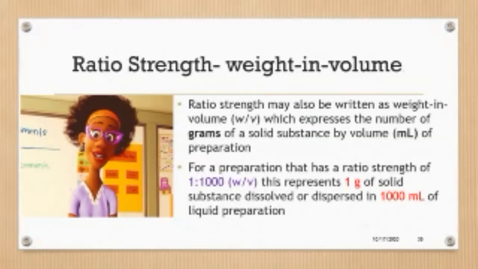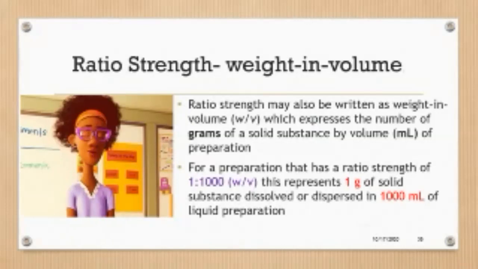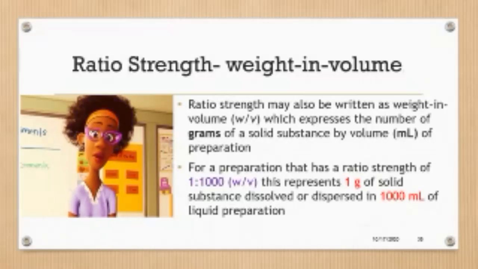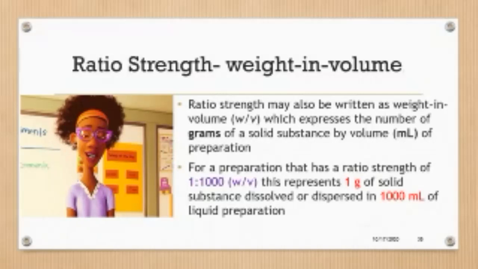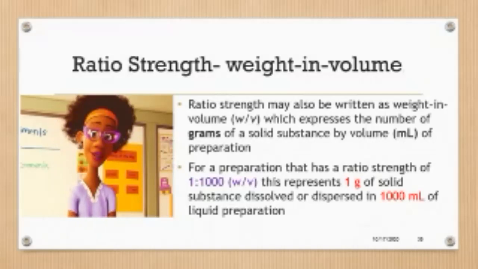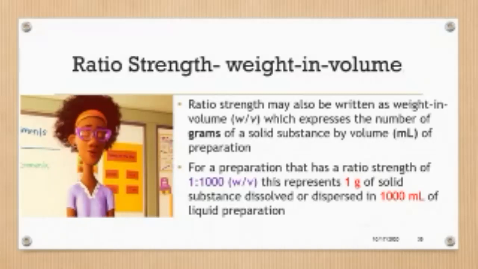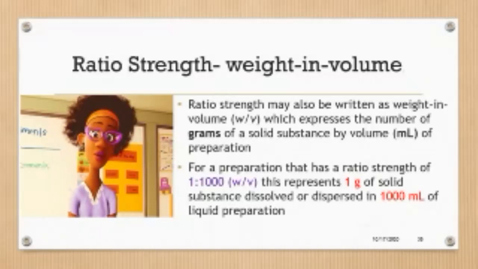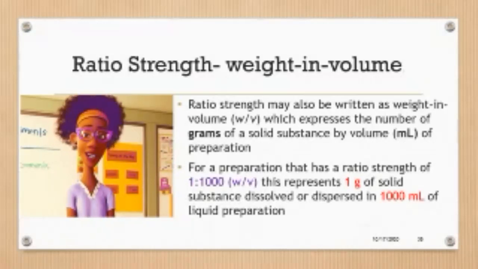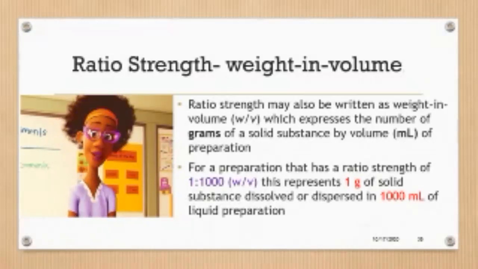So for example, a preparation that has a ratio strength of 1 to 1,000 indicates that 1 gram of a solid substance would be dissolved in the case of a solution, or dispersed in the case of a suspension and an emulsion, in 1,000 ml of the liquid preparation. While percentage concentration is speaking to the amount per 100 ml all the time, ratio strength, on the other hand, can be 100 mL, it can be 1,000 mL, it can be 50 mL, whatever the case may be.